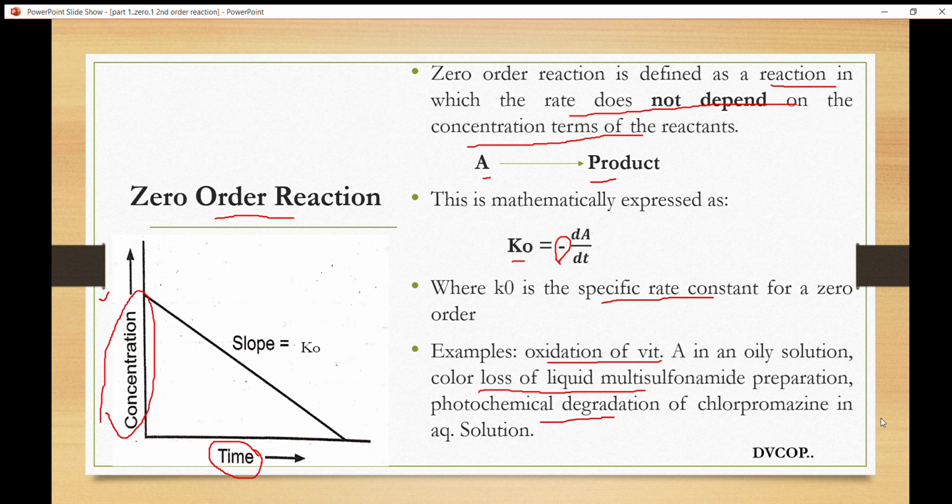So the slope of this graph gives the value of K0, that is the rate constant for a zero order reaction. So in this zero order reaction the rate does not depend on the concentration terms.